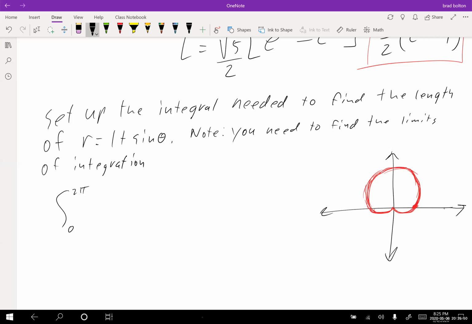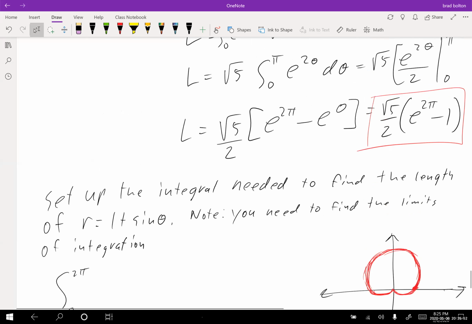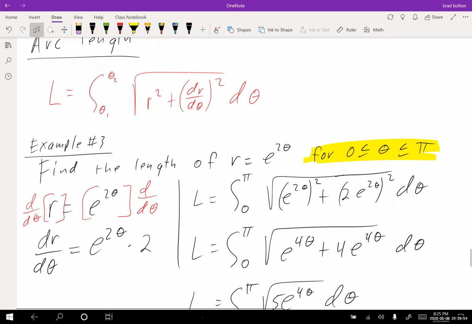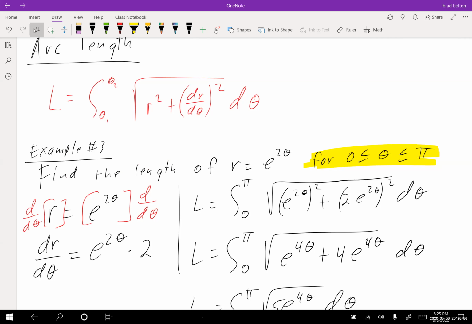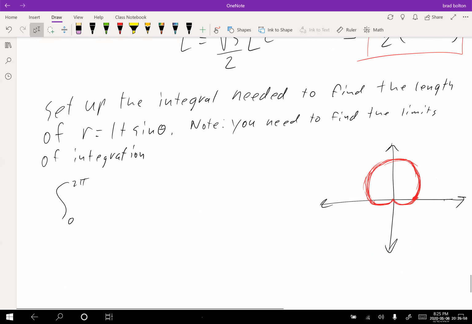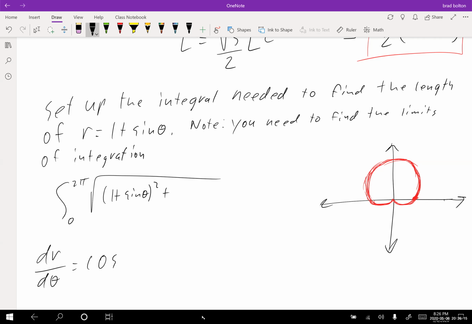And we're going to use our formula, which says, right up here, the square root of r squared plus dr d theta squared. So r squared would be 1 plus sine theta squared, plus dr d theta squared. So dr d theta equals what? The derivative of sine theta is cosine theta, right?